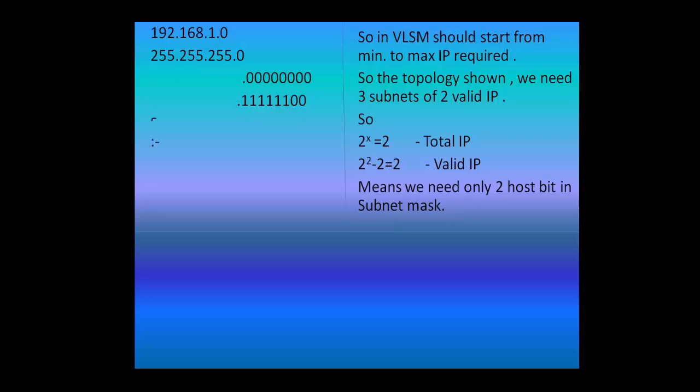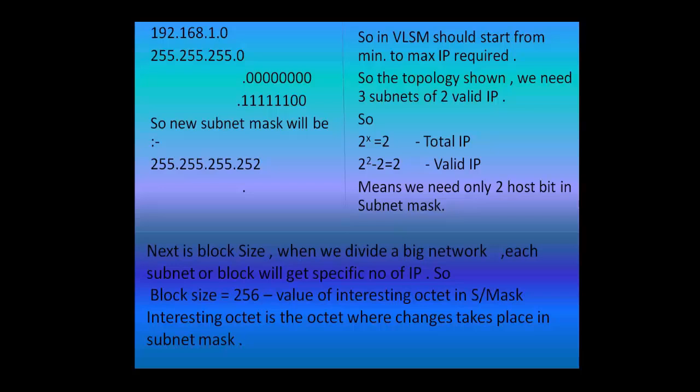New subnet mask: this one, 255.255.255.252. The main process is the same. Calculate the block size with the interesting octet: 256 minus 252. Like this, block size will be 4.